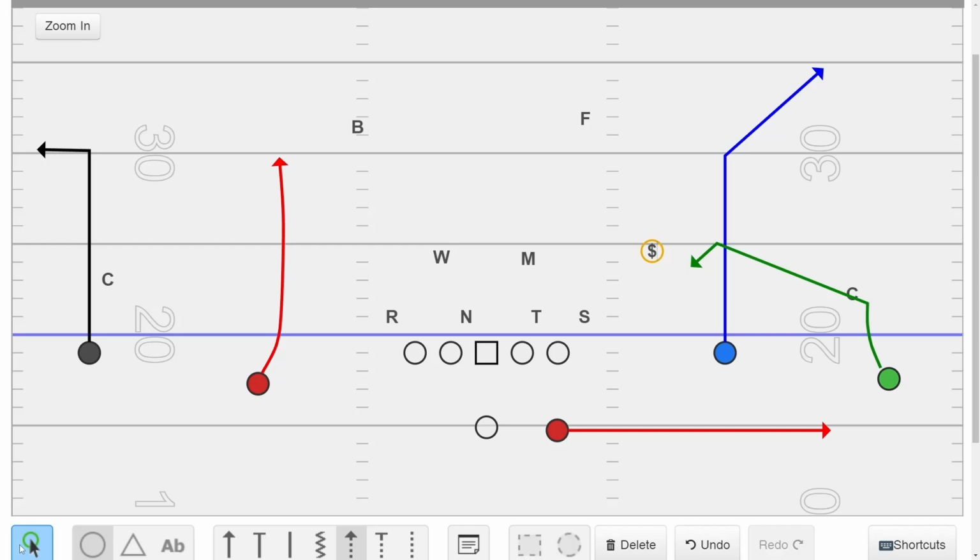All right, so the way that I run this here, we basically call it the snag concept, but it falls into the spot route category out here. So our Z receiver is going to be running a slant. If he gets any kind of man coverage or this corner runs with him, he's just going to continue on with his slant across the field. If not, he feels zone.